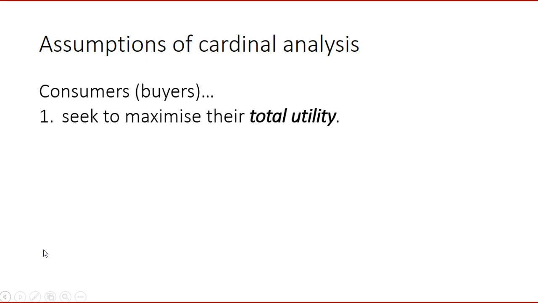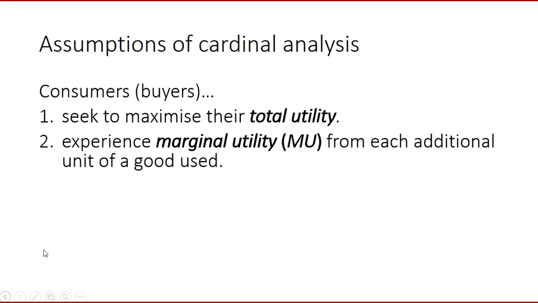And we're interested in the total utility, that is, the total amount of happiness that a person would experience by consuming some quantity of a good, or some quantity of a combination of different goods, a bundle of goods. We also assume that the consumers experience marginal utility from each additional unit of a good used. So this is pretty straightforward.